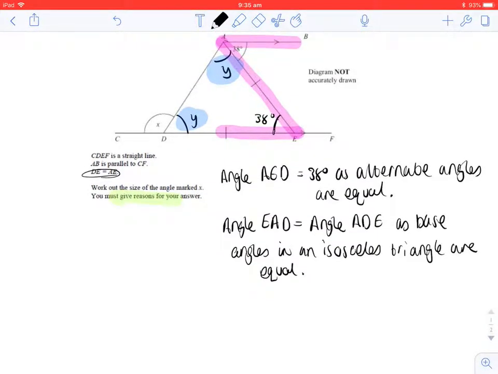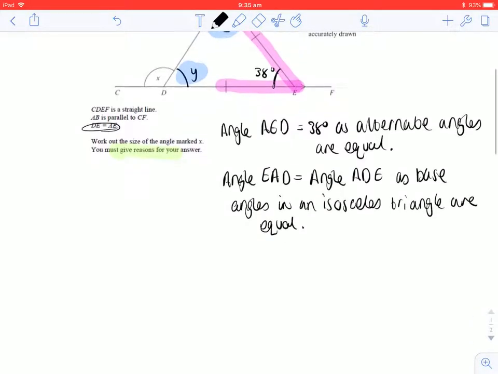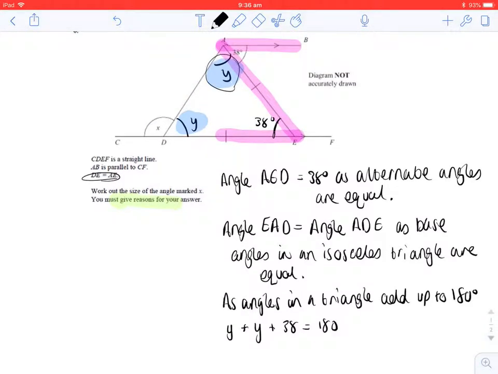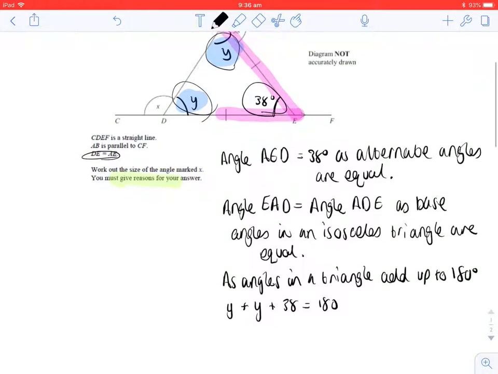Now, what we also know is that angles in a triangle add up to 180 degrees. So, as angles in a triangle add up to 180 degrees, we know that Y plus Y plus 38 degrees must equal 180, because those are my three angles in my triangle.